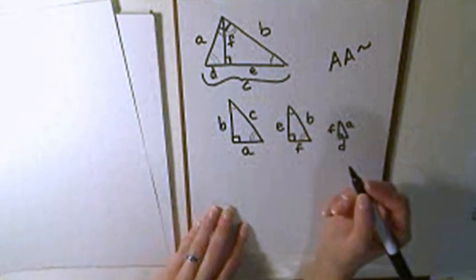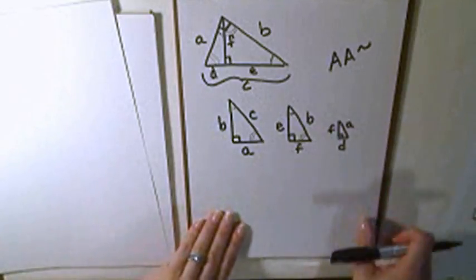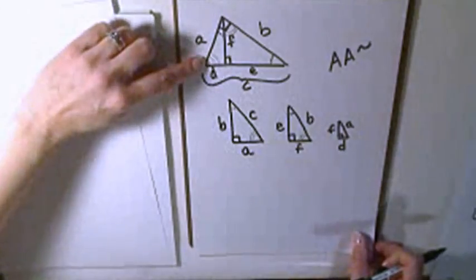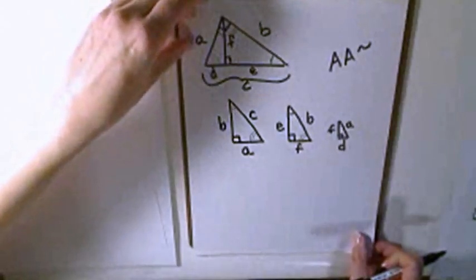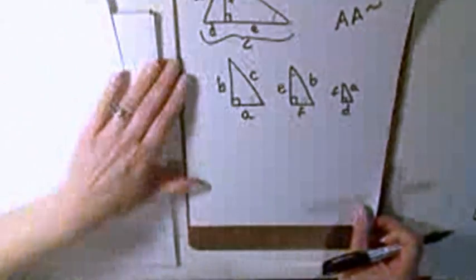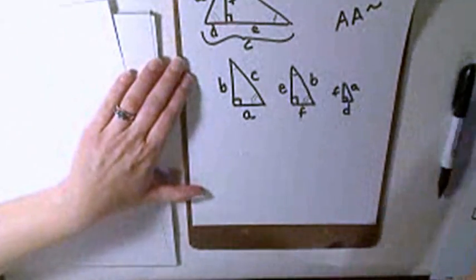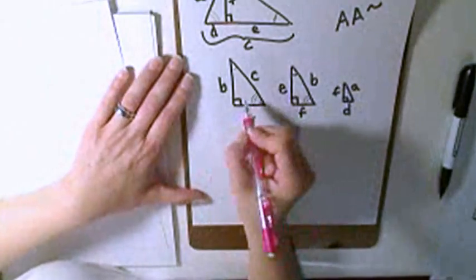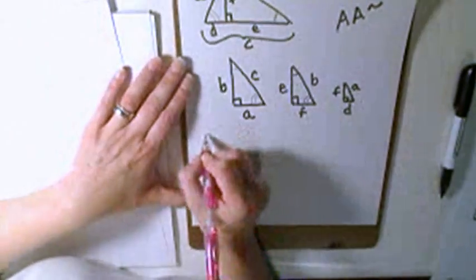So I'm going to make every possible proportion I can make. I'm going to forget about this picture and just focus on these three triangles and make all the proportions we could possibly make. So let's go big to middle.